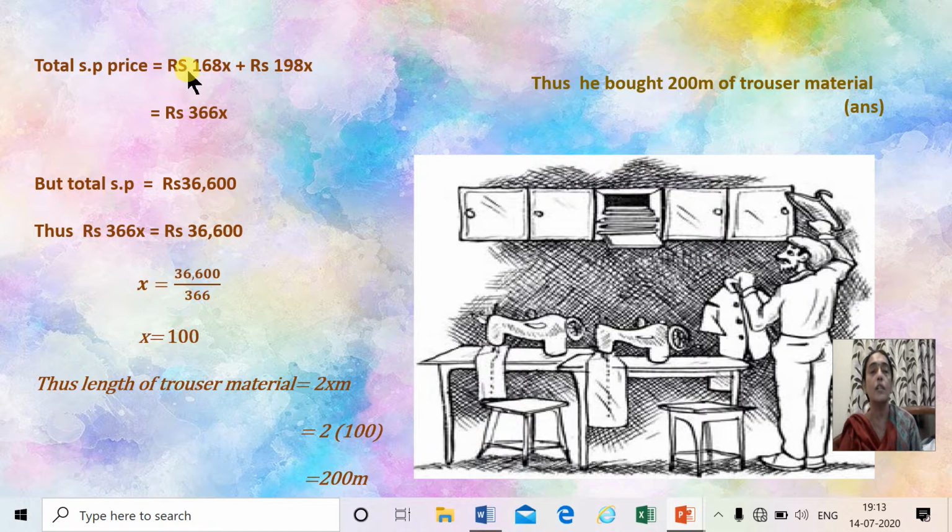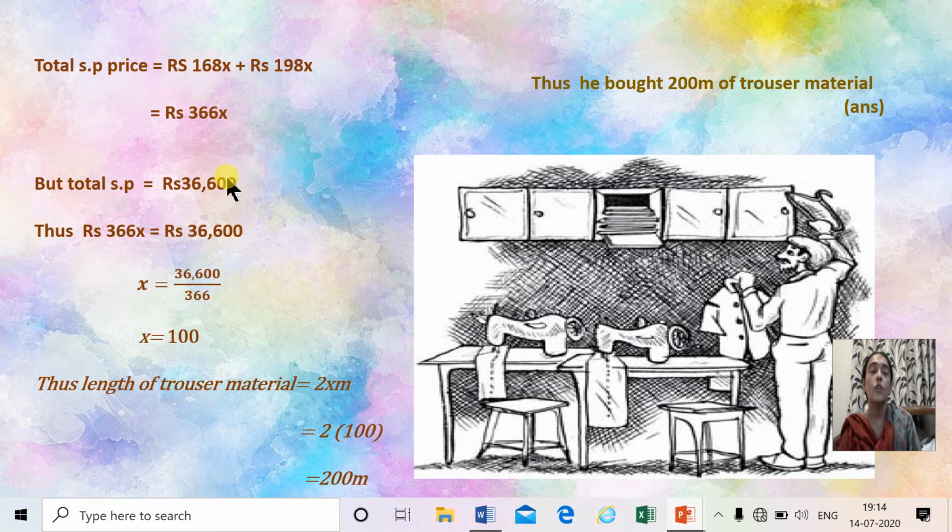So first let us find out the total selling price. Total selling price is rupees 168x plus rupees 198x, which is equal to rupees 366x. But we are given that the total selling price is equal to rupees 36,600. That means these two are equal. Here, when 366 is multiplied by x, we will get 36,600.